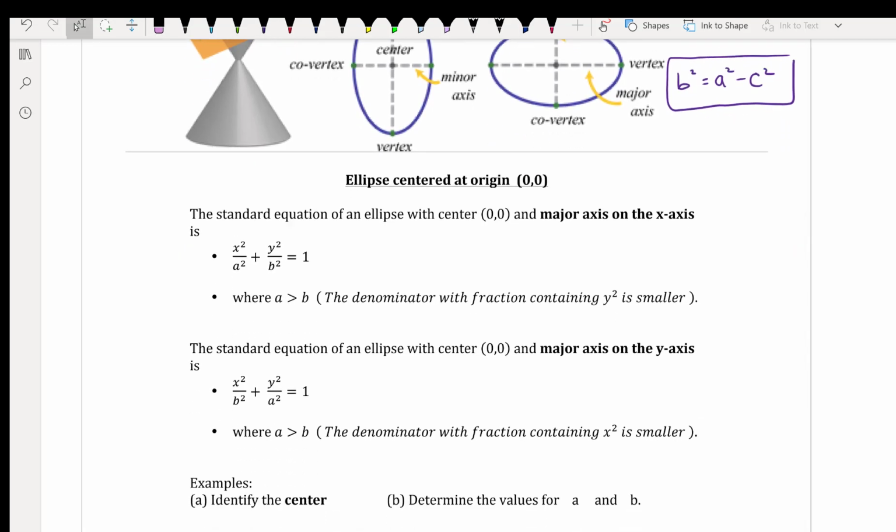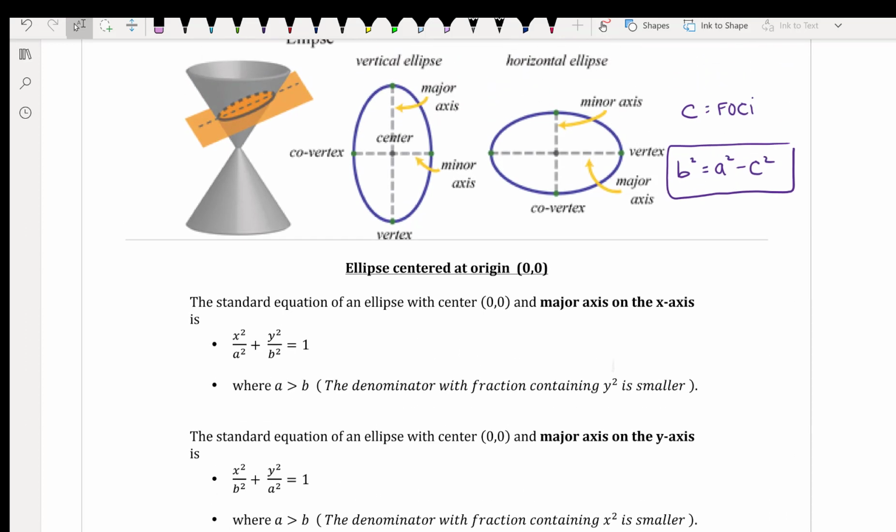So we have an ellipse centered at the origin, which is at 0, 0. If the major axis is along the x-axis, so that would be one that's stretched horizontally, then this would be what the equation looks like, where A is bigger than B, okay?